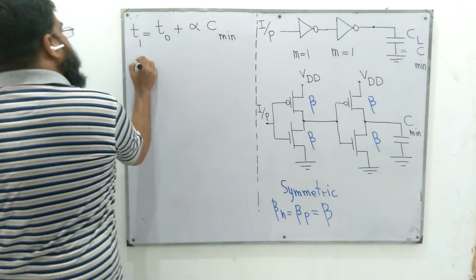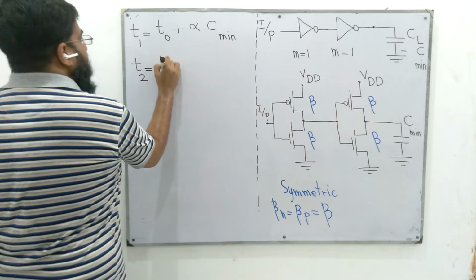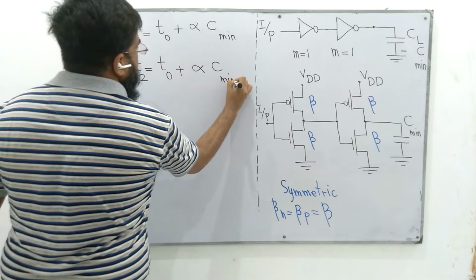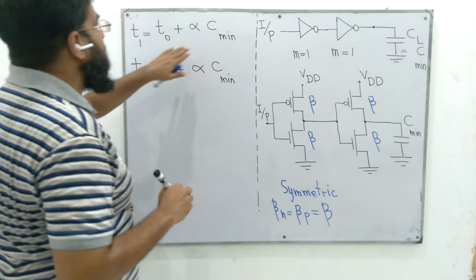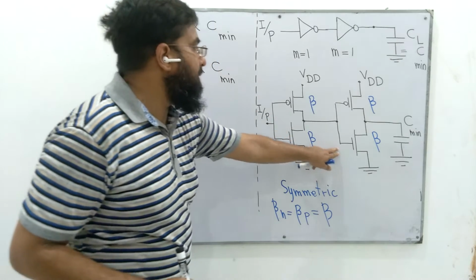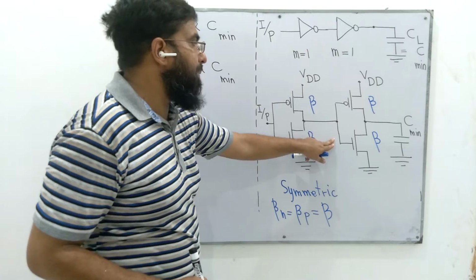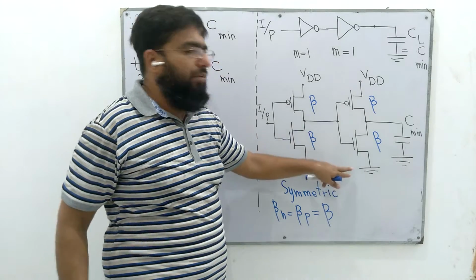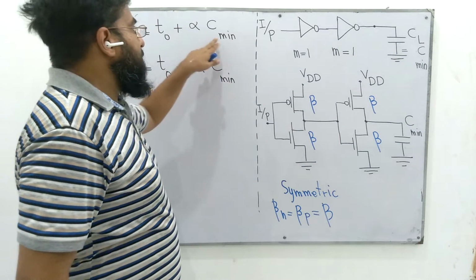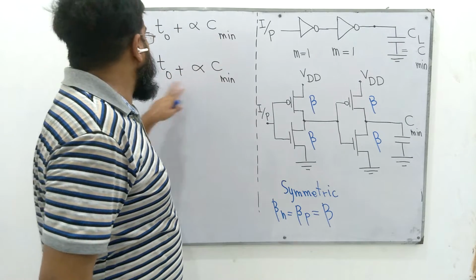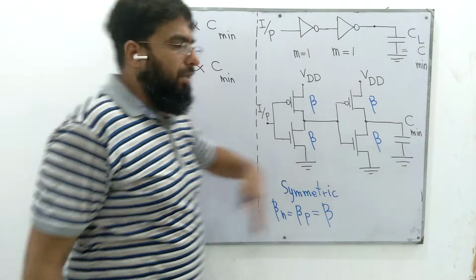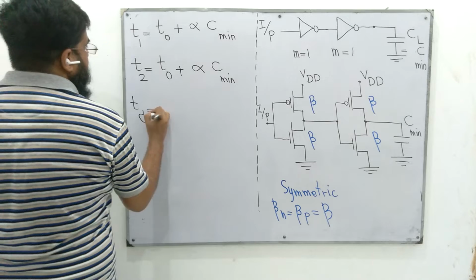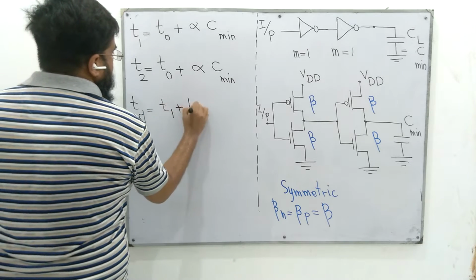And what about the delay for gate 2? This is alpha times C minimum, because C minimum is the input gate capacitance seen by this gate, since even for this gate we have M equal to 1. This means C minimum remains the same, and this final gate T2 is also driving a capacitor C minimum, so it remains the same. So the total delay is T1 plus T2.